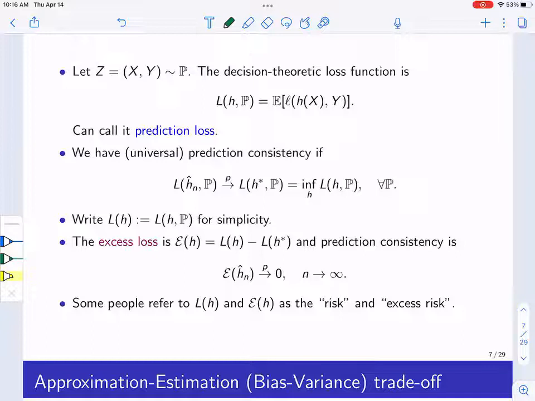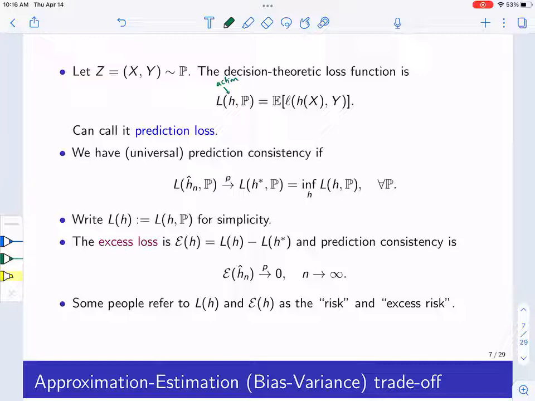In decision theory, you have a parameter, you observe data from a model, a probability distribution parameterized by that parameter, and then you take an action and then you pay a loss. Here the loss is the prediction loss, but it fits within the general framework.